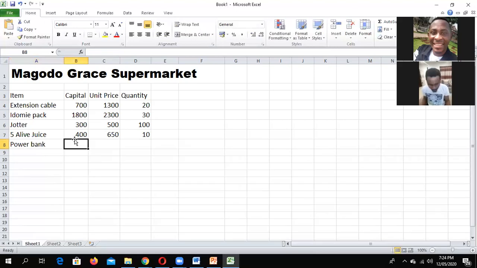And then they purchased power bank for 1,300, and then they are selling at 2,000, and then they have 20 in stock. Okay, so I think we have what we need.